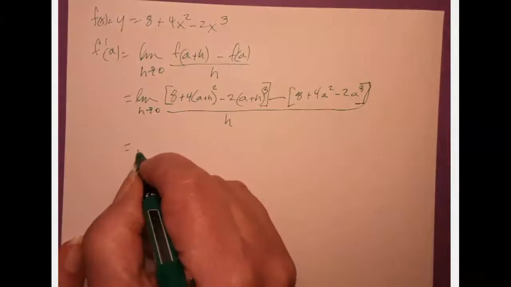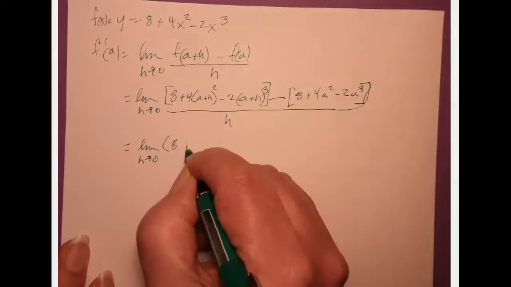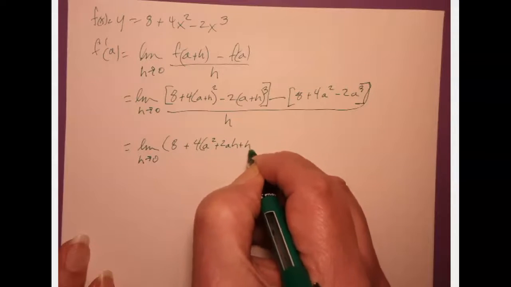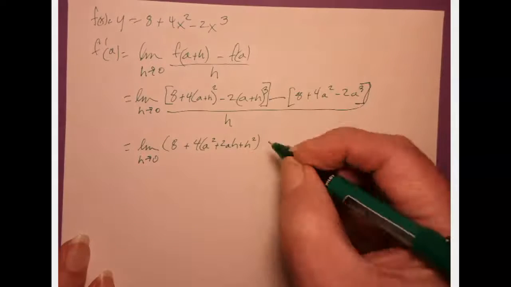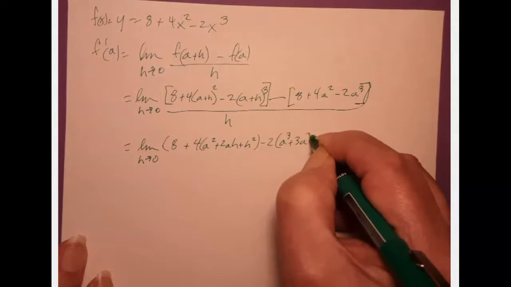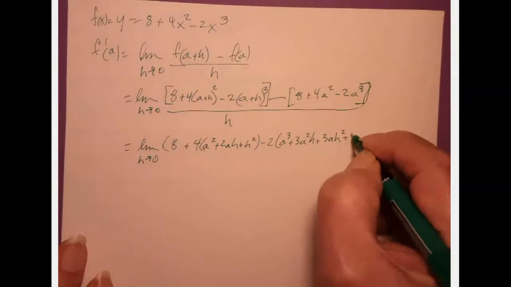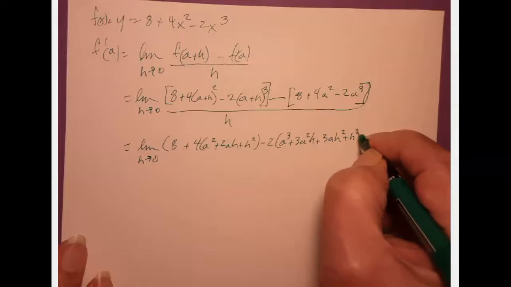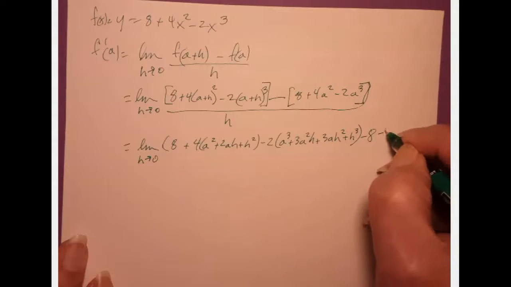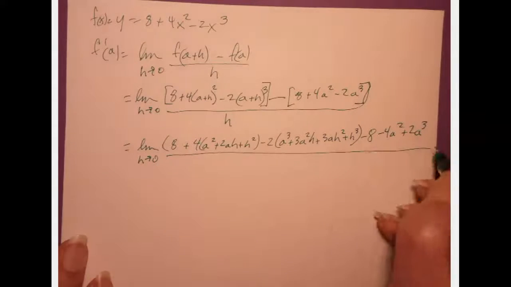So this is the limit as h goes to 0 of 8 plus 4 times a squared plus 2ah plus h squared, using Pascal's, 1 to 1, right? Minus 2 times a cubed plus 3a squared h plus 3ah squared plus h cubed minus, and I'm just going to distribute this, 8 minus 4a squared plus 2a cubed all over h.